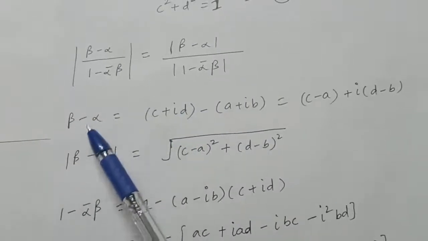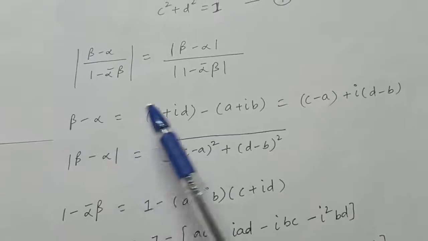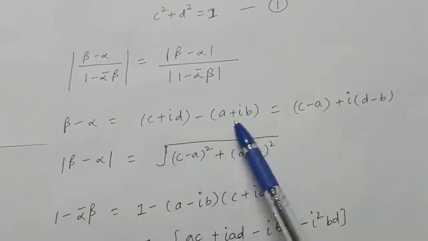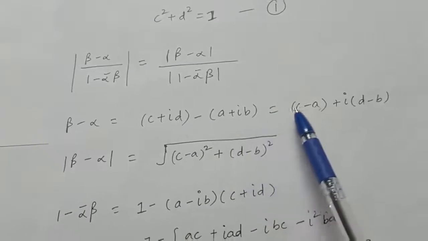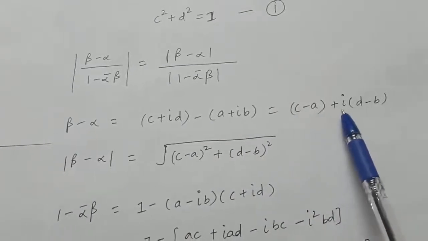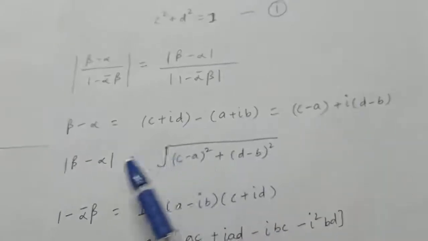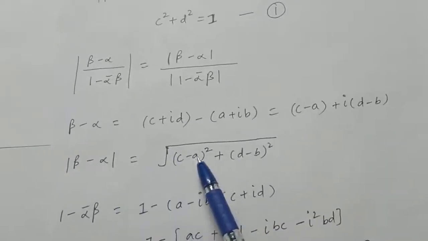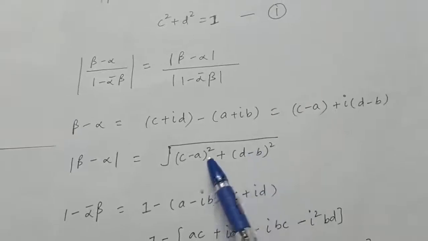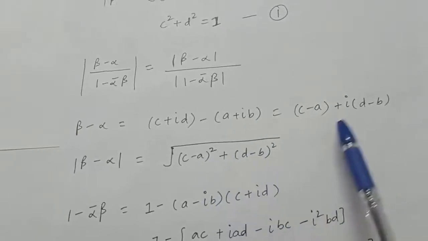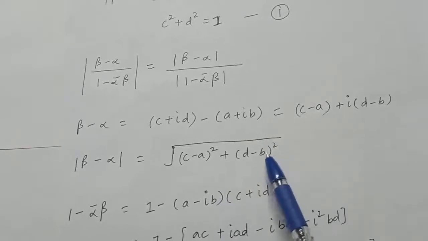So first of all, beta minus alpha will be, beta is c plus iota d minus alpha is a plus iota b. So you will get (c minus a) plus iota (d minus b), right? So the modulus of this will be root of real part square plus imaginary part square, right?